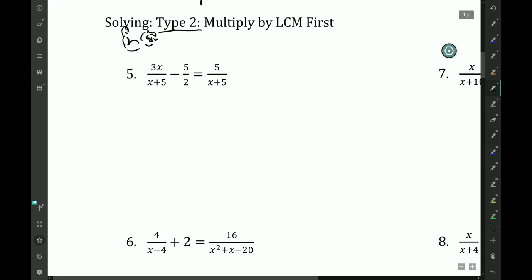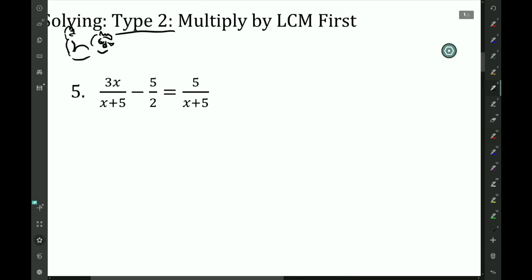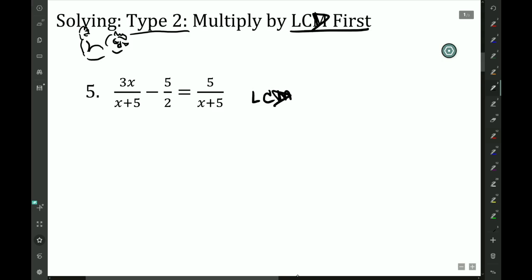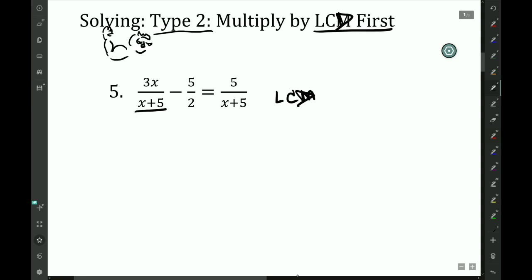Okay. So, first thing, we need to multiply by the LCM. You need to find the least common multiple or least common denominator, perhaps, amongst them all. So you're going to look at all the pieces, x plus 5, 2, and x plus 5, and think, what does each need?